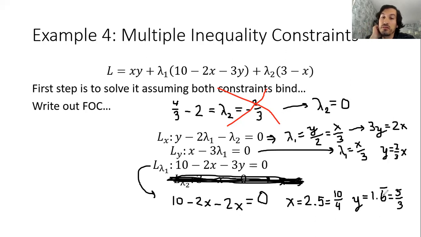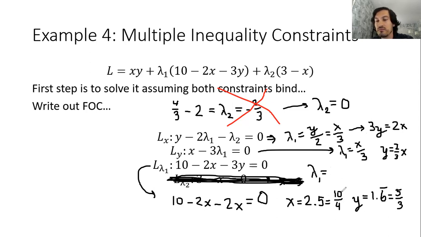But we're not done. You might say, well, why aren't we done? We just found x and y. We already did that mumbo jumbo with lambda 2 and realized that that should be equal to 0. So we should be good there. What about lambda 1? I would say you should probably still check what lambda 1 is equal to in this case. It's equal to x over 3.